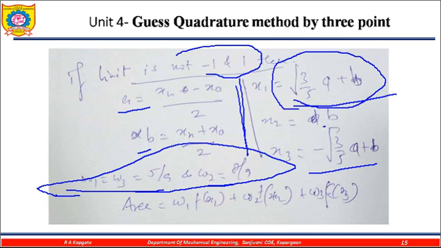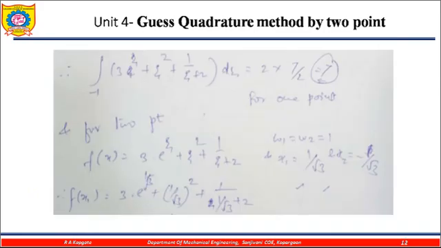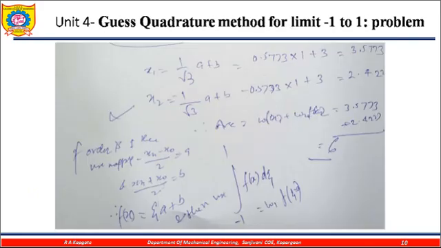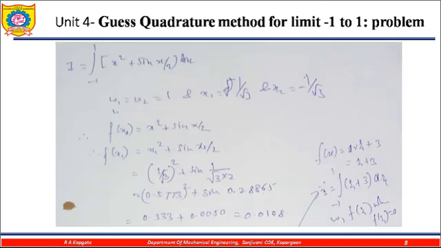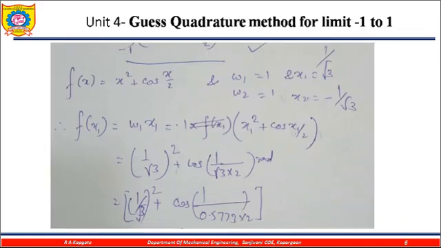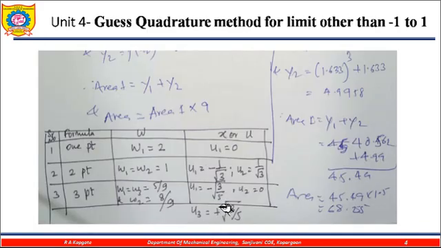So if we go for the formula, just come on that slide. We are moving on that slide so that we can remember those formulas. Now see, this is the root 3 by 5, this is 0, and this one is root 3 by 5.